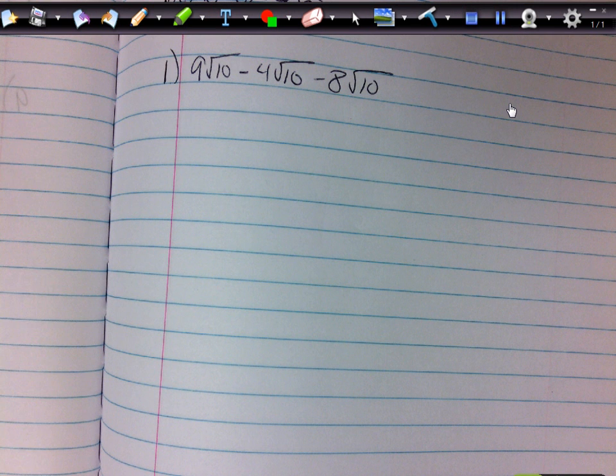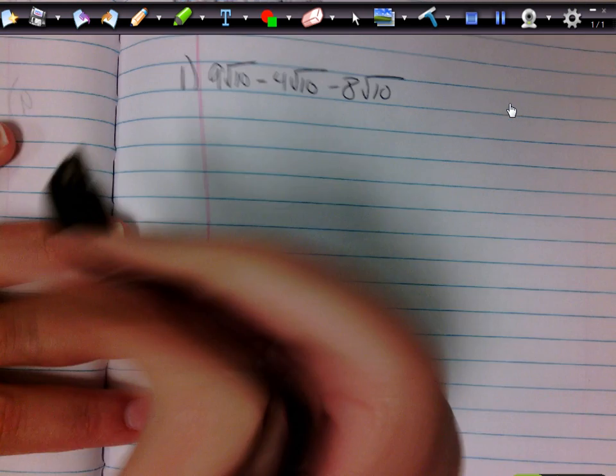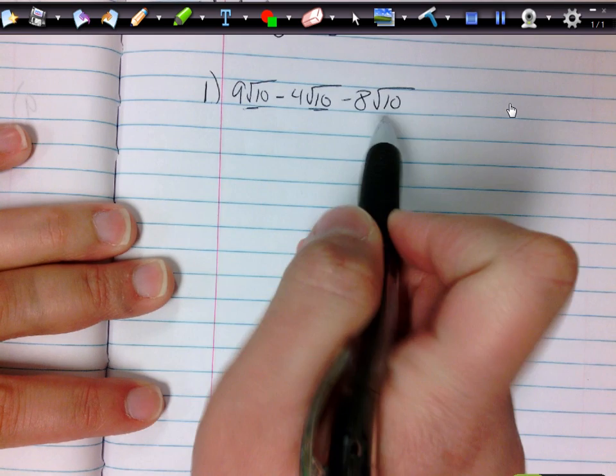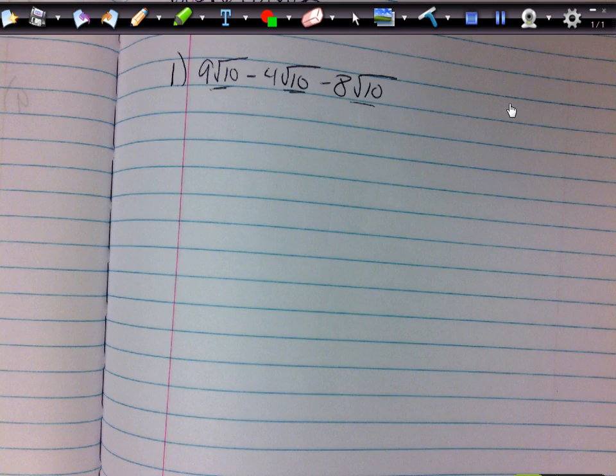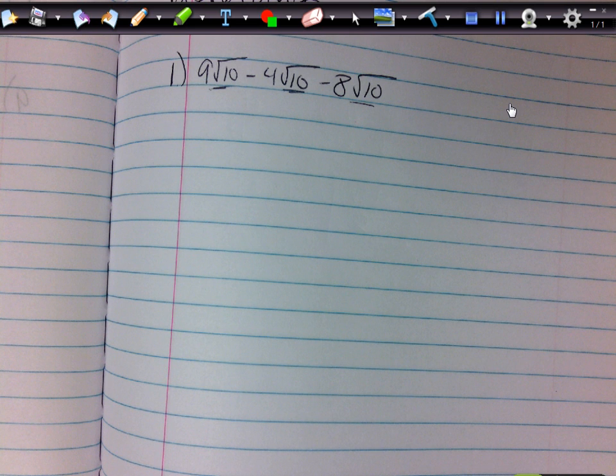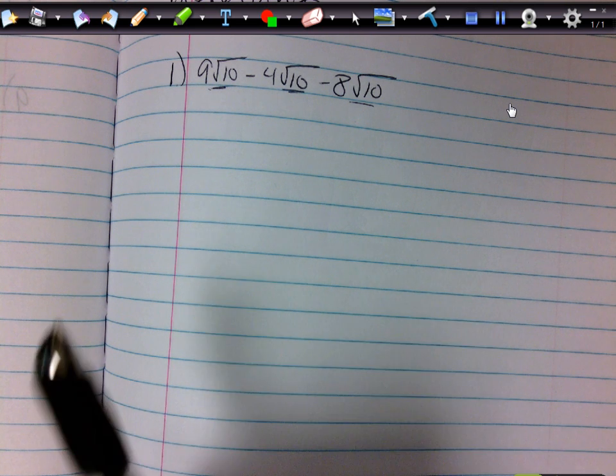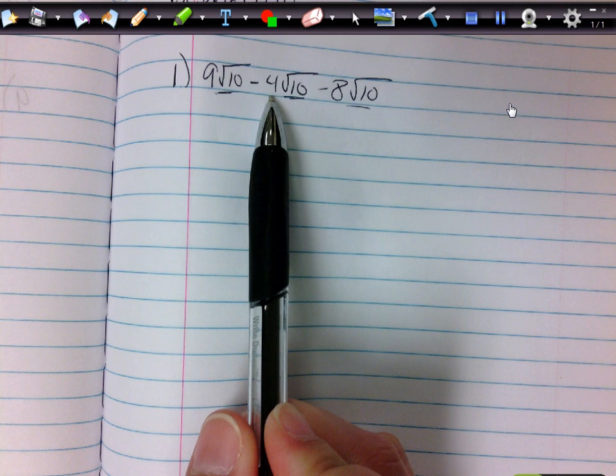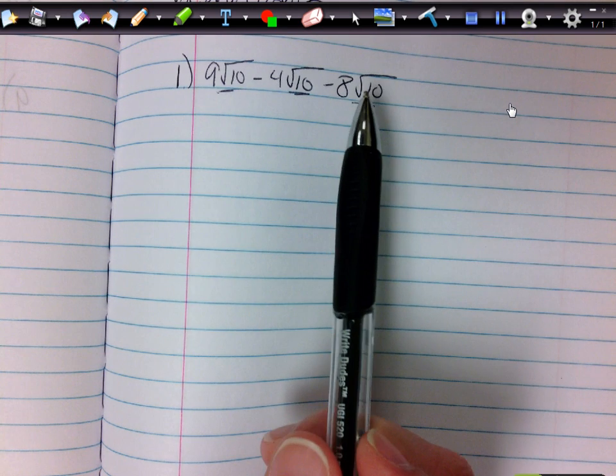Here's our first example. Go ahead and write it down. We have 9 square root of 10 minus 4 square root of 10 minus 8 square root of 10. And just like the previous example, here we have all square roots of 10. Since they all have 10 underneath the radical sign, I can add or subtract the outside numbers.